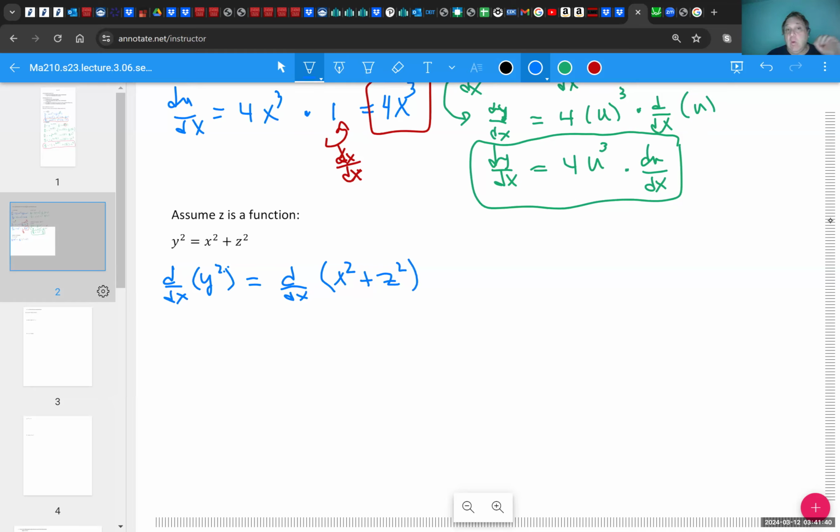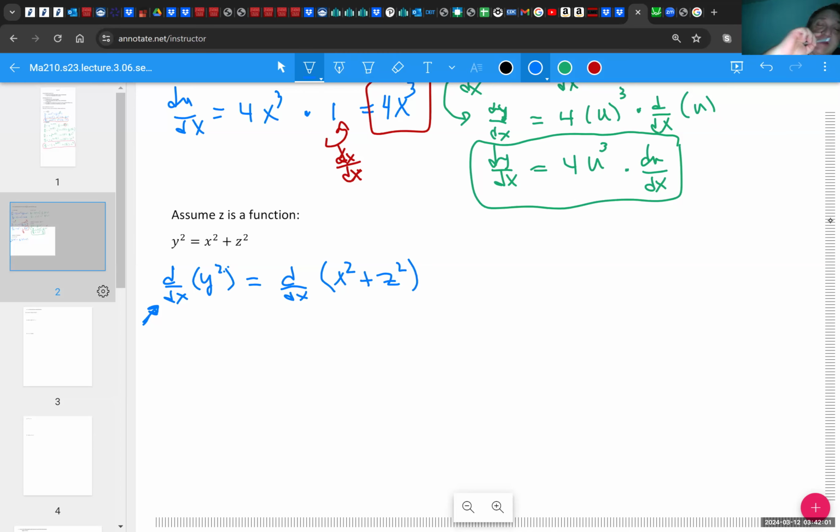Okay, well, the derivative of y squared, this is thing squared. This is like a power rule, but we're differentiating with respect to x. And if you remember, we're using the chain rule. Sometimes we get a dx dx and it's equal to 1, but sometimes we don't. In this case, we are not.